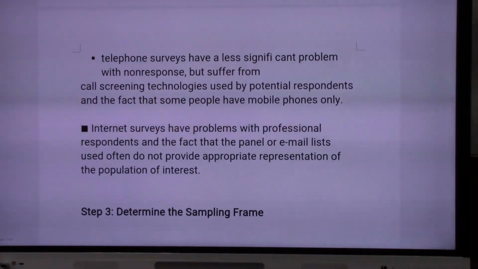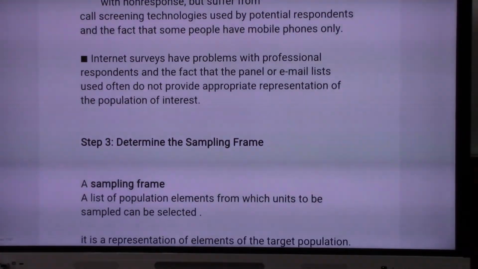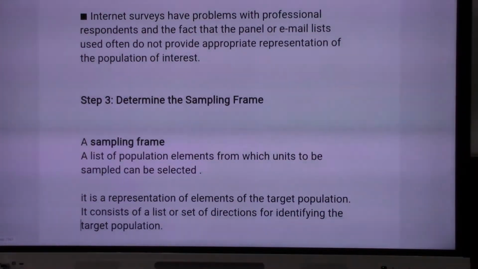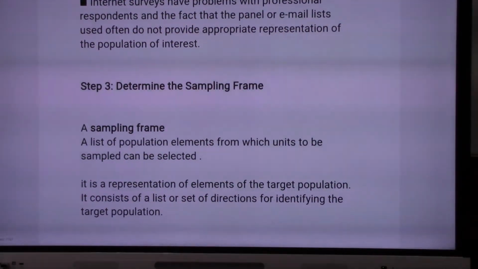The third step for the sampling process is determining the sampling frame. What is the meaning of sampling frame? It is defined as a list of population elements from which units to be sampled can be selected.